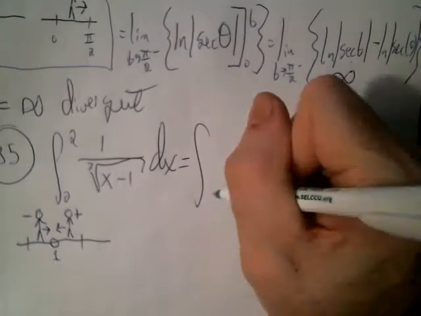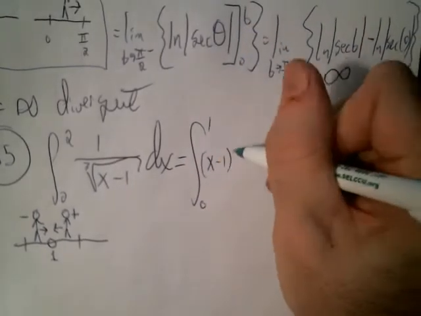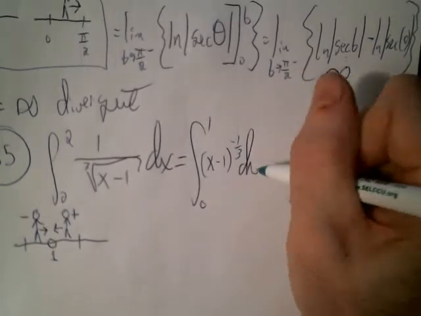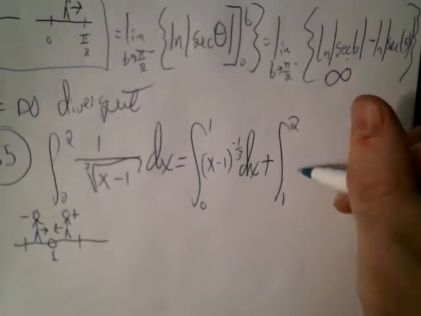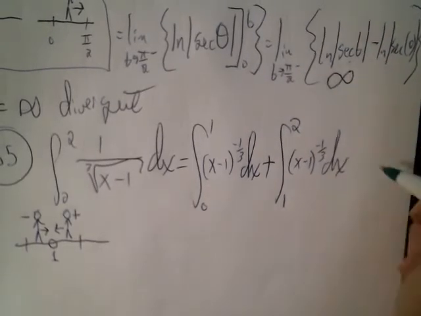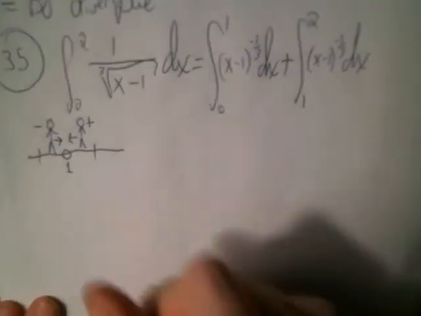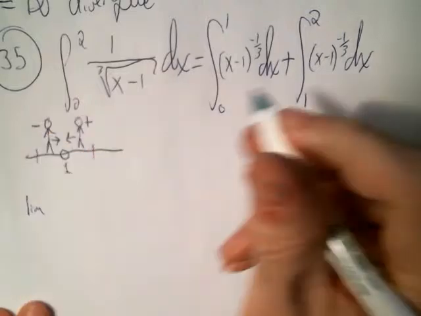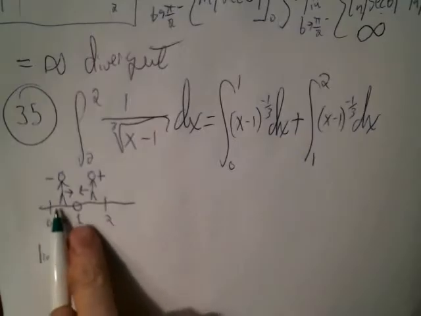So 0 to 1 of x minus 1 to the negative 1/3 dx, and then plus the integral from 1 to 2 of x minus 1 to the negative 1/3 dx. Okay. So I'll do each integral separately. I need a limit to pull this off. So the first one, I'm coming in from the left.